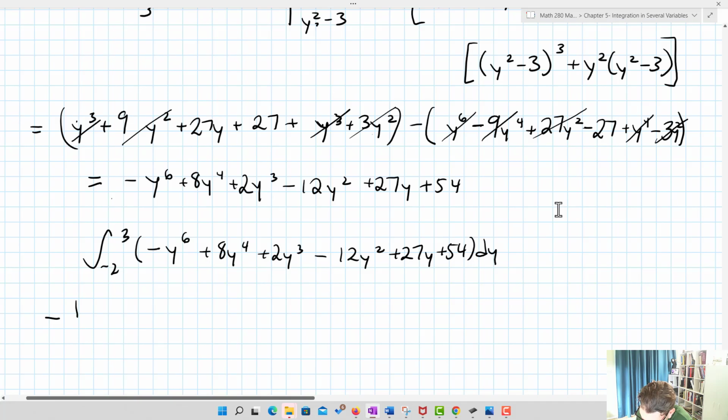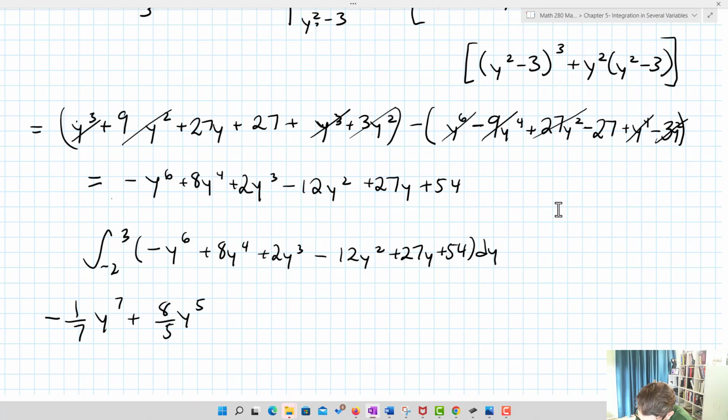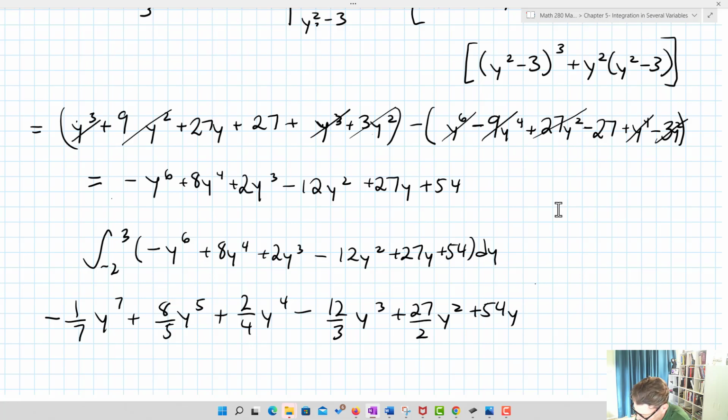So that's going to be negative 1/7 y to the 7th plus 8/5 y to the 5th plus 2/4 y to the 4th minus 12/3 y cubed plus 27 over 2 y squared plus 54y, all evaluated from -2 to 3.